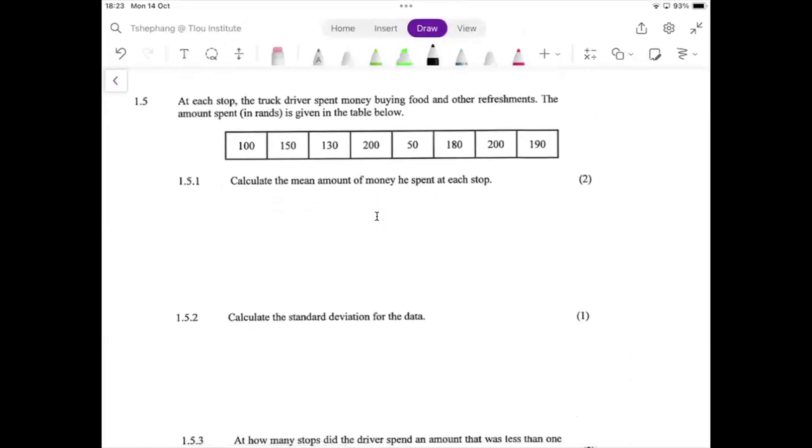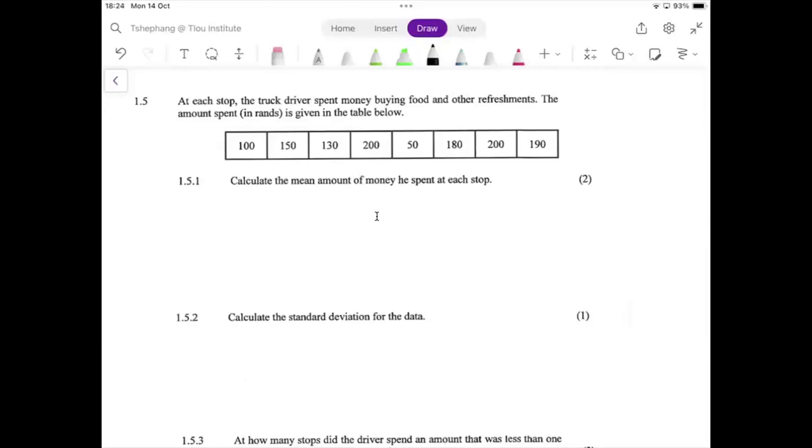At each stop, the truck driver spent money buying food and other refreshments. The amount spent in rand is given in the table below. Calculate the mean amount of money he spent at each stop. That shouldn't be a problem at all. The calculator can do this for us. Otherwise, we can do it ourselves manually, because we know that the mean would be the average.